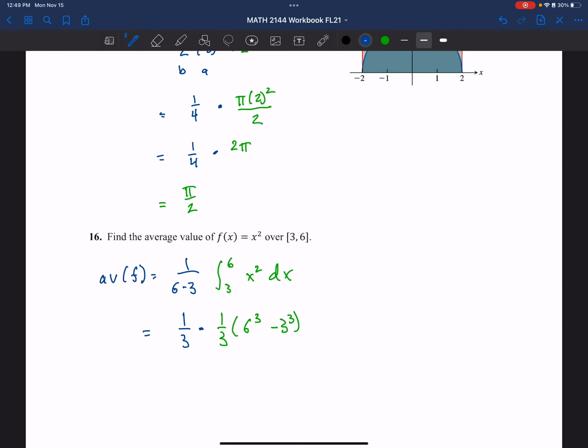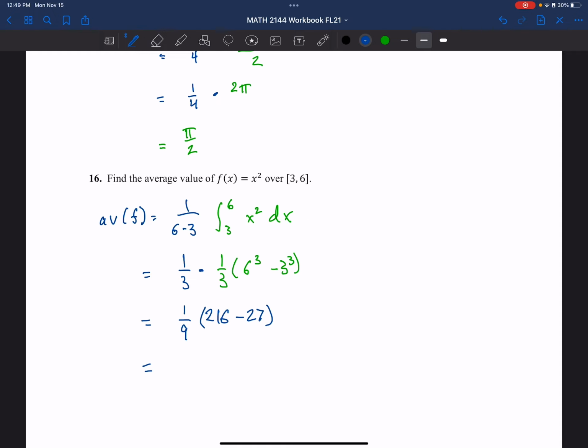So this will then be 1/9 times, oh no, not 36, that's 216. I was thinking squares, not cubes, minus 27. Simplifying this, you end up with 189 over 9, which is 21. So there is how you find the average value of the function from 3 to 6.